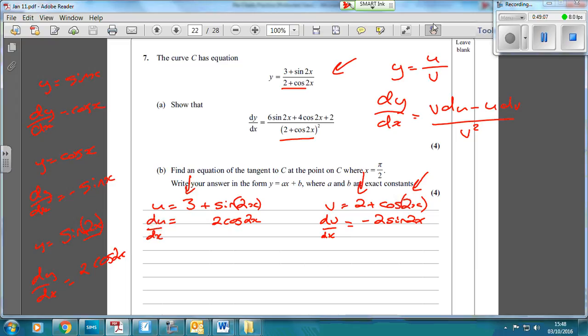And then because it's a quotient, we're going to use this one here. A quotient just means a fraction.